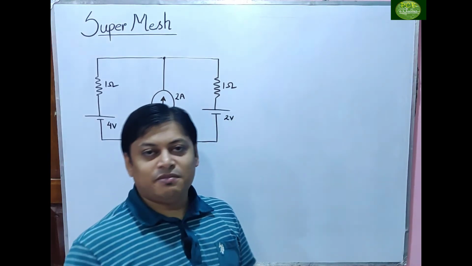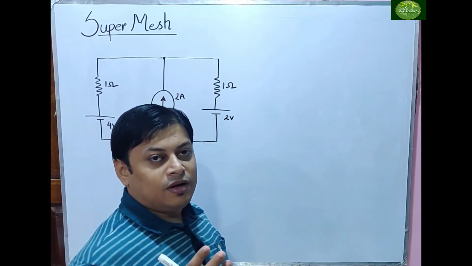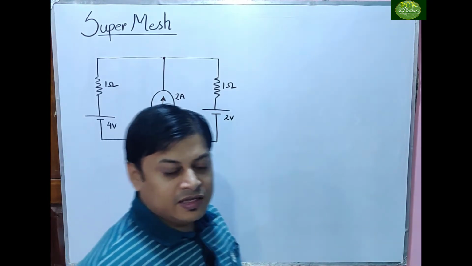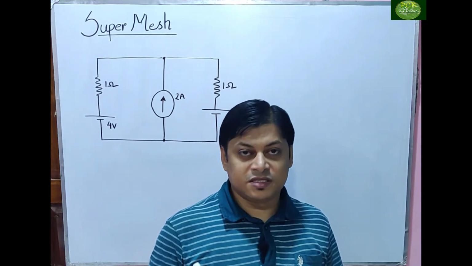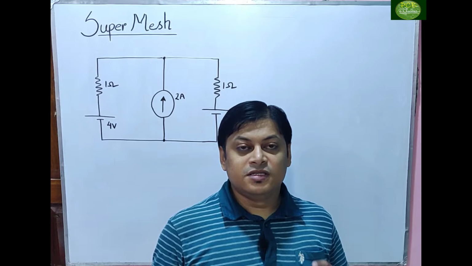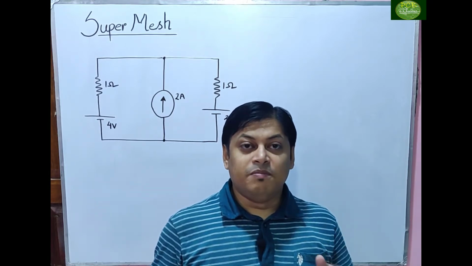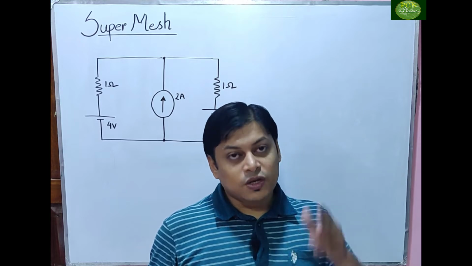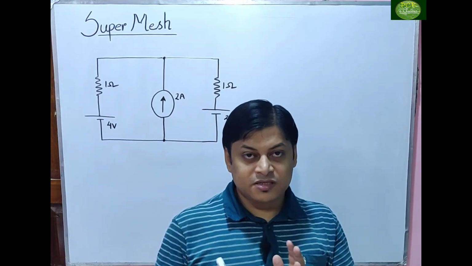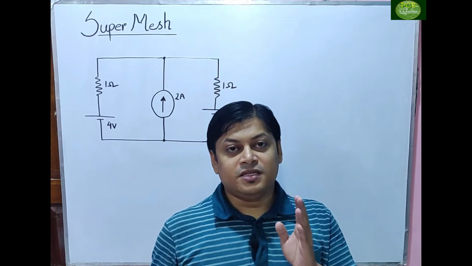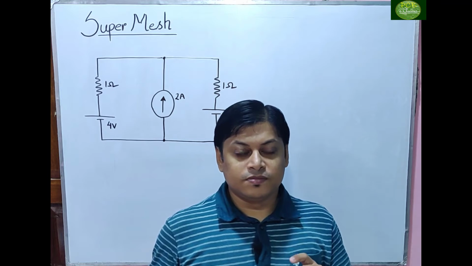Super mesh is a mesh analysis only. It is applicable when a circuit consists of more than one mesh. First. Second thing, if more than one mesh is there, then between two meshes, whatever branch is connected, which is common to both the meshes, right? That branch should consist of a current source.